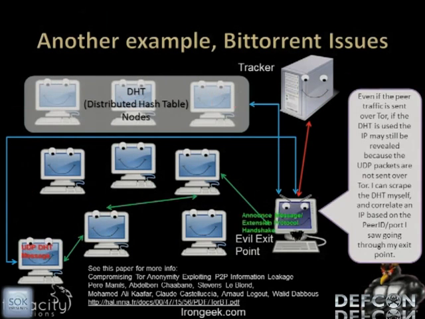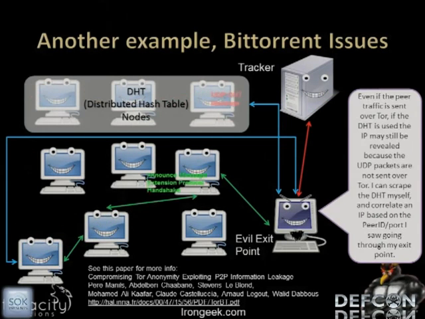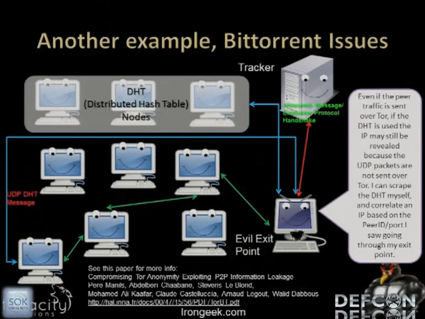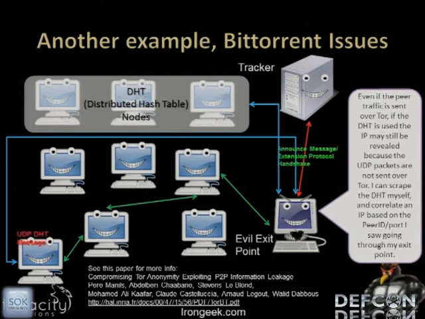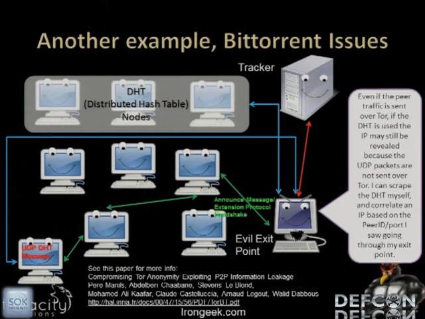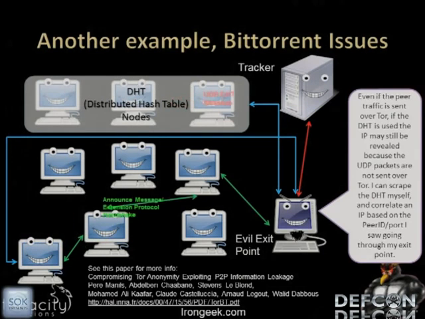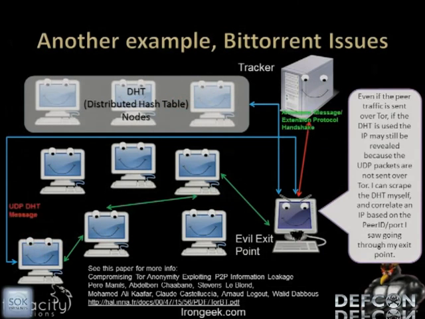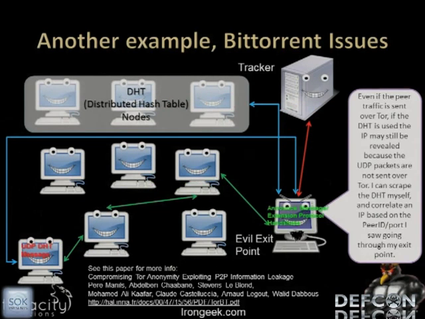Another option would be, even if the peer traffic is sent over Tor, which hopefully most people are not going to do. First of all, using Tor for BitTorrent is kind of frowned upon, and even if you did do it, it's a pretty slow thing to do. So most people only configure the tracker for Tor use, not necessarily direct communication to other clients.